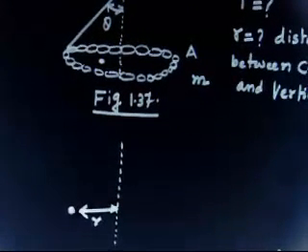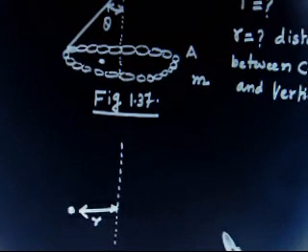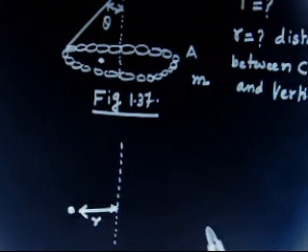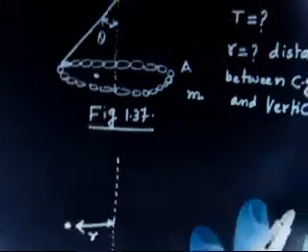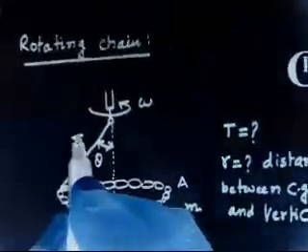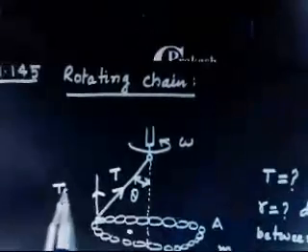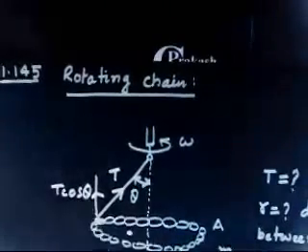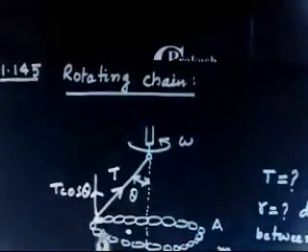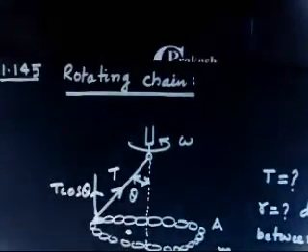Now to write down the equation of motion of chain, I will apply all the forces on the center of mass. So what are the forces acting on the center of mass? You see, there is a force T in this thread. The component of T in the upward direction will be T cos theta, and towards the center will be T sin theta.